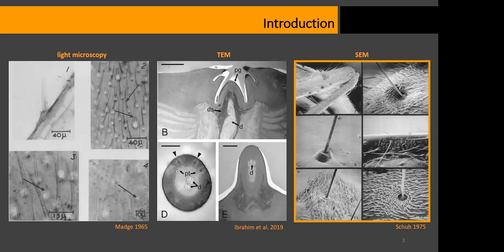A suitable scanning microscope allows determining the function of individual sensilla based on their morphological features. The advantage of this method is that the preparation of material for testing in SEM is relatively simple.